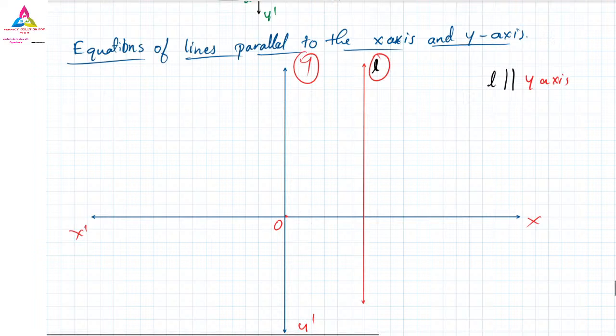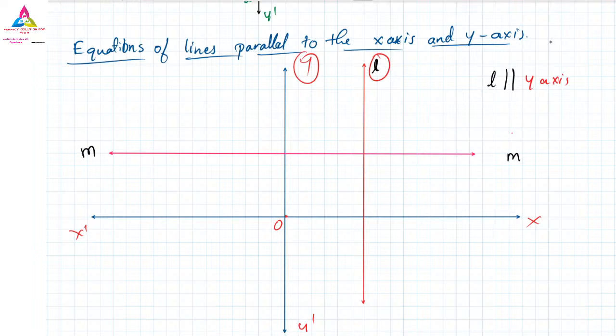Similarly, if you have one more line and you draw that line this way, now I can take this as M. This M is parallel to what? Whether M is parallel to the y-axis or which axis? X-axis. Very good.